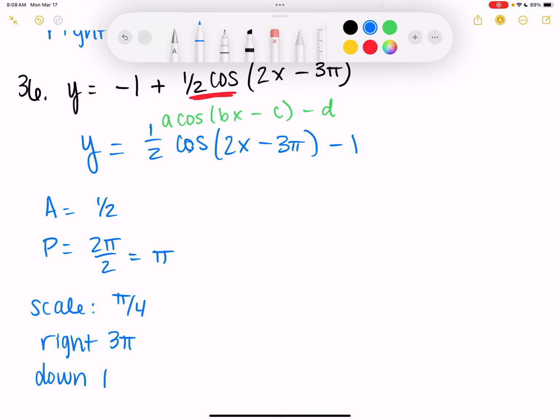My period's out to pi, but every point has to be shifted 3 pi to the right, so I know I've got to have a lot of extra space on that side. So on this graph, since nothing's going to the left, I'm going to pull my whole graph over, so that I have plenty of space here.